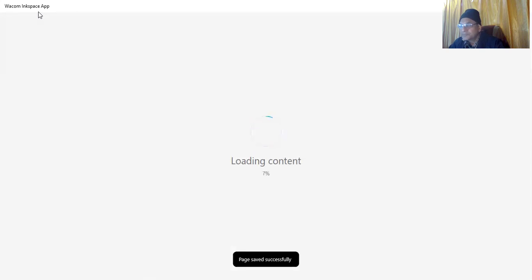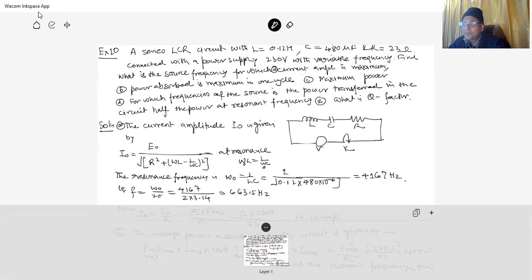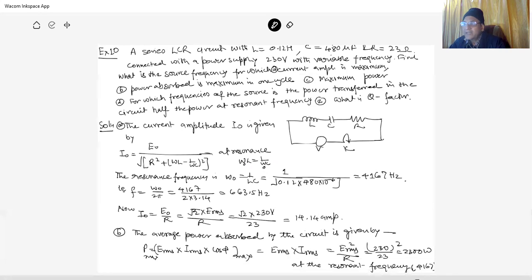This one is example 10. In example 10, we try to find out the complete concept. That is, an LCR circuit with L is 0.12 Henry, C is 480 microfarad, and R is 23 ohm. This is connected with a power supply of 230 volt with variable frequency.